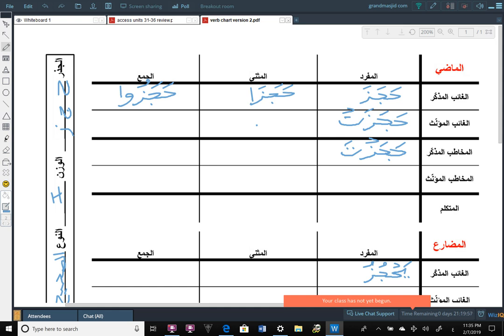Hopefully that's clear. When we want to talk about two females that are not here, ghaib, we say hajazata. Right? We add the alif al-ithnain. And when we talk about three or more females who are not here, al-ghaib, we add the noon and niswa, hajazna.